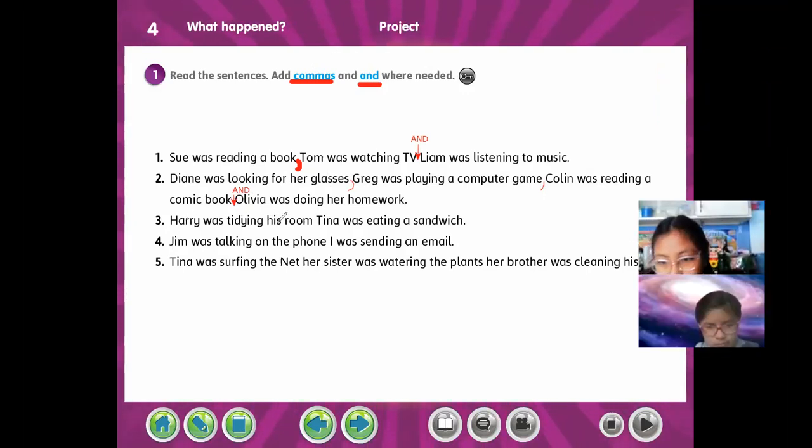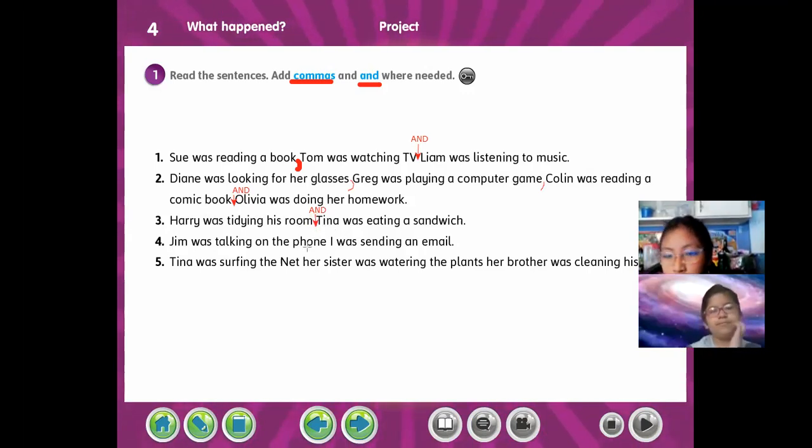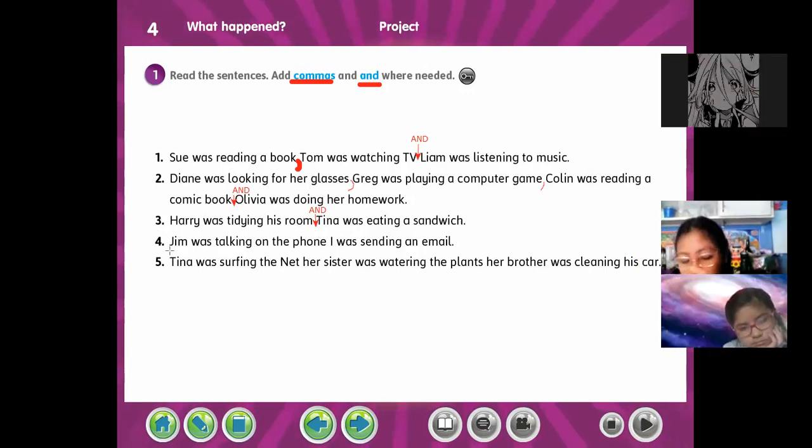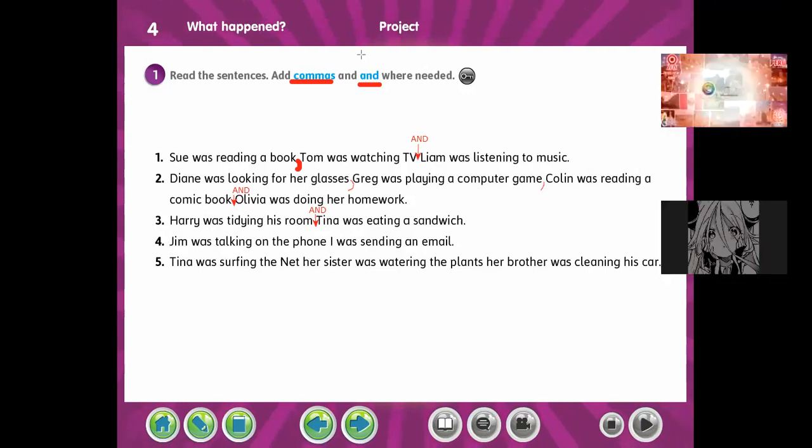Harry was in his room and Tina was eating a sandwich. Very good, Fernanda. Profe, ¿se me escuchó bien? Yes, it's okay, Fernanda. Other student, please, for number 4. Okay, Zoe, read, please. Jane was talking on the phone, and I was sitting on me. Yeah, that's good. And Leonardo, please, to finish.